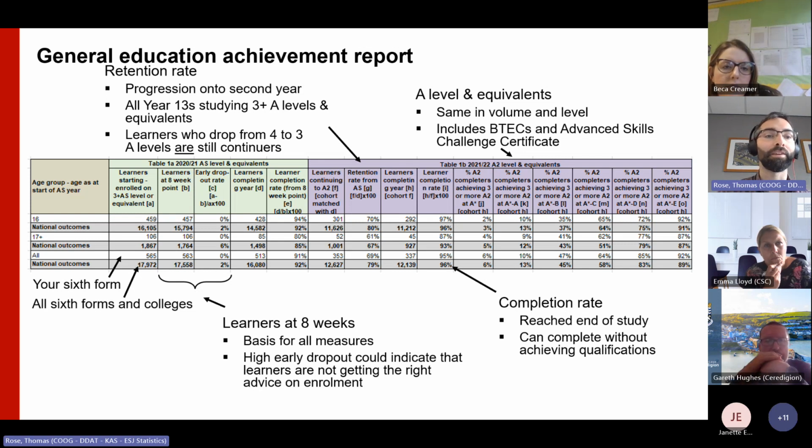So if a learner drops down from 4 AS to 3 A levels, they still count as a continuer in this column. Then we have the A2 completion rate, which is whether a learner reached the end of their study, but it's not whether they achieved any of their qualifications. You can complete your program having not achieved any of your A levels.